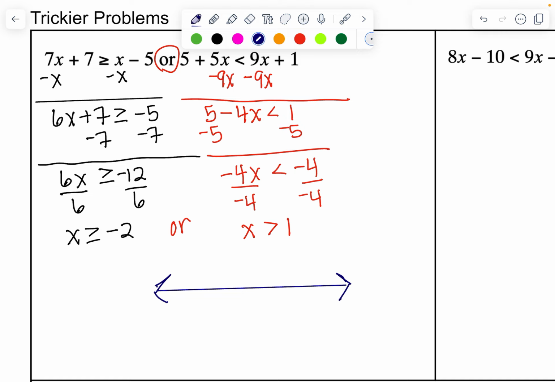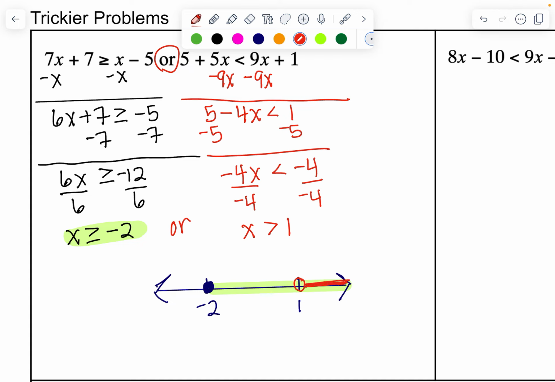So now I know I have a negative 2 and a positive 1. Normally when we see an or, they go in opposite directions, but if we look at this one, greater than or equal to negative 2 means I have a closed circle, and then shading wise, it's everything bigger than negative 2. Now let's look at the x greater than 1, would be an open circle, and it would still be shaded to the right.